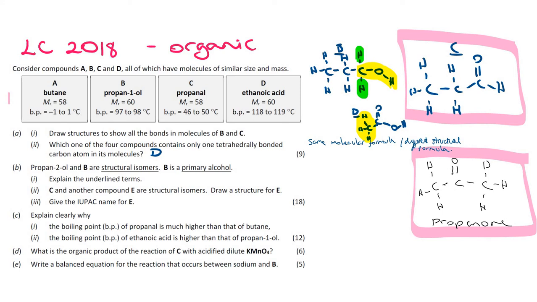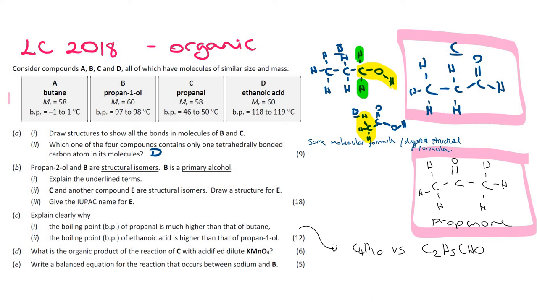Explain clearly why the boiling point of propanal is much higher than that of butane. So for boiling point questions, we need to consider their intermolecular forces. So here we're comparing C4H10 versus propanal, which is C2H5CHO.